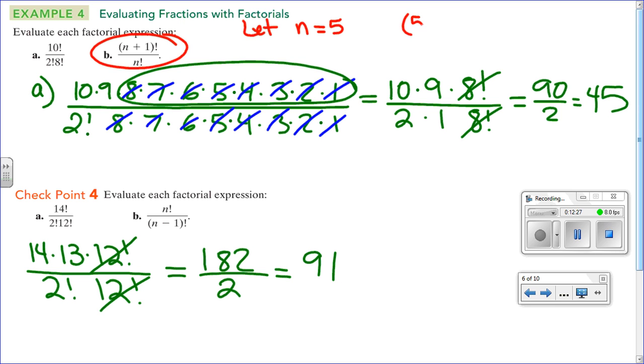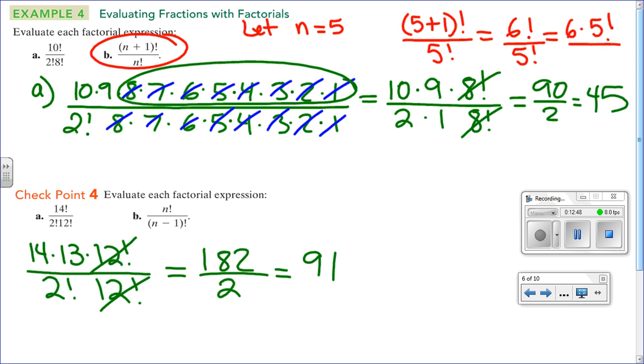Well, the first 5 plus 1, and then over 5 factorial, right? Or 6 factorial over 5 factorial, okay. And then you already know that you can do this. 6 times 5, instead of going all the way 4, 3, 2, 1, we just use 5 factorial. We have 5 factorial on the bottom, that cancels out, and we just get 6. Do we all agree?